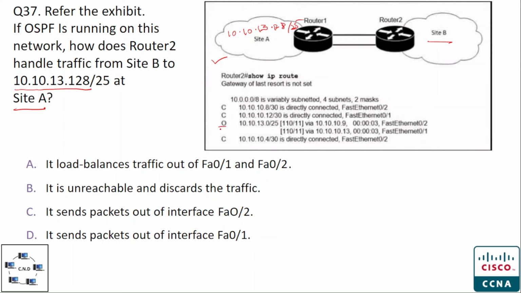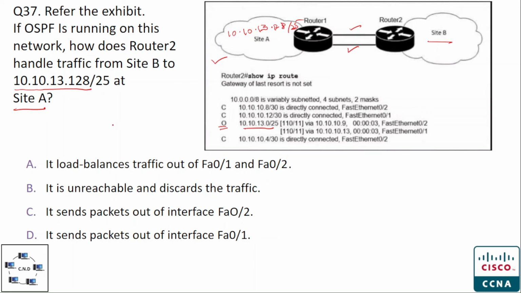This stands for OSPF. So this OSPF has basically learned one route, with two next hops over two redundant links, and the route learned is 10.10.13.0/25. So this is not the same route as this one. The others are the directly connected links.